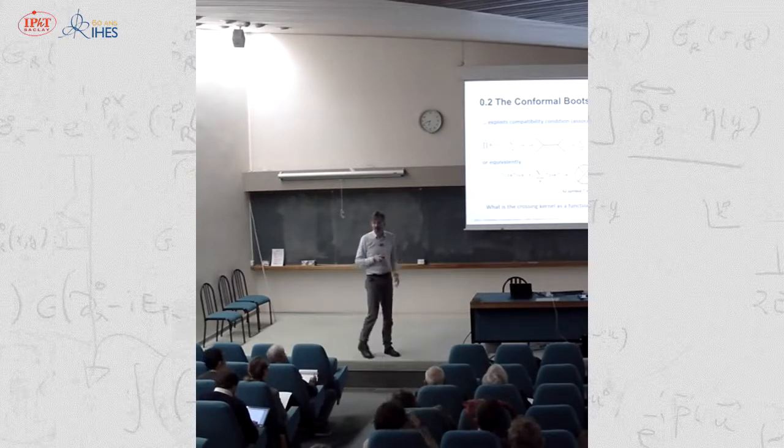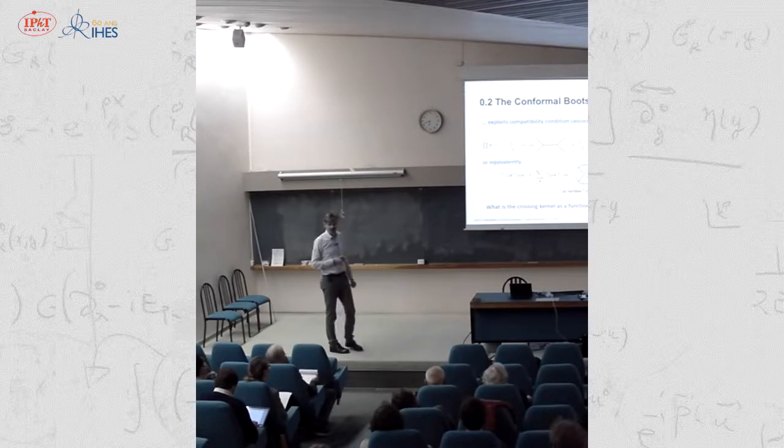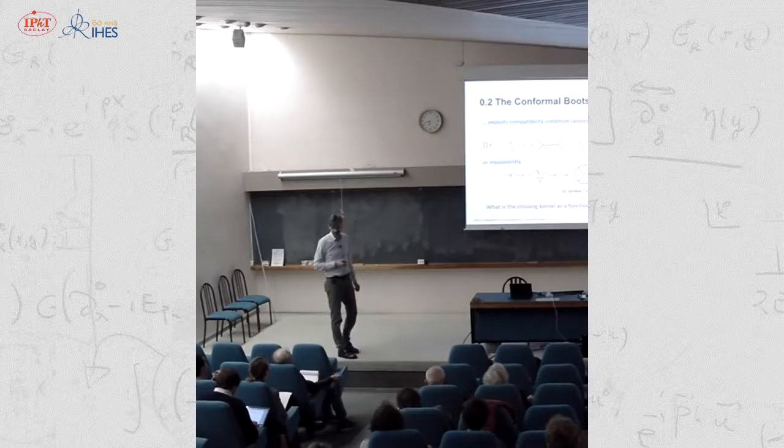There's a nicer way of writing this crossing symmetry equation, namely by bringing this to the other side and writing it without any cross ratios, just in terms of functions that depend on weights and spins.